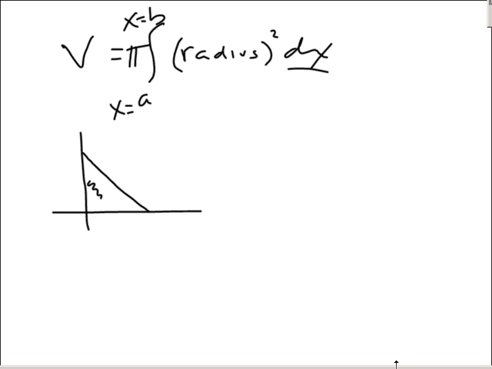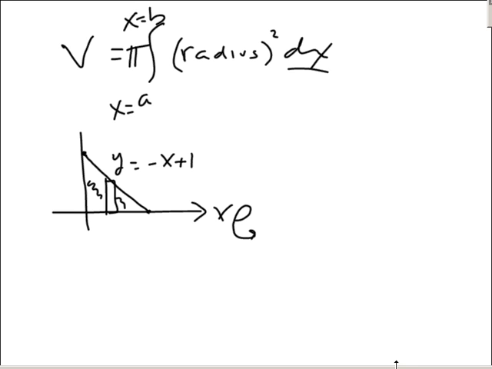This area here, we want to revolve it around the x-axis. That is, we're spinning around the x-axis. And the equation of this line is y equals negative x plus 1.